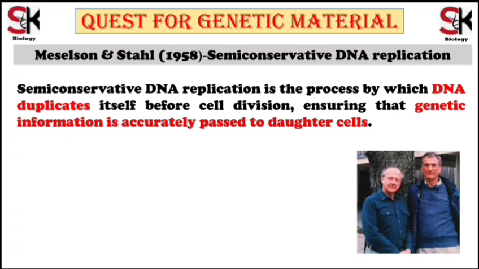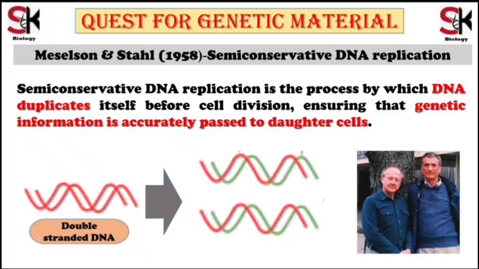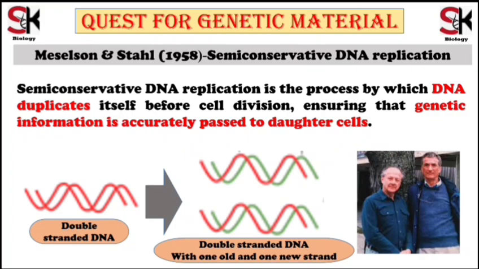In semi-conservative replication, the double-stranded DNA helix is separated into two single-stranded molecules, and these single-stranded molecules act as a template on which a new DNA strand is synthesized. This results in the production of two identical DNA molecules, each containing one new and one old DNA strand. Now we will learn how Meselson and Stahl proved this replication model.